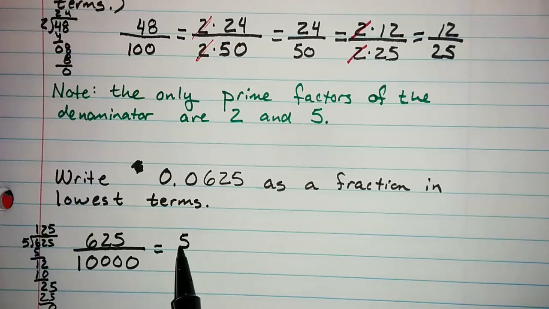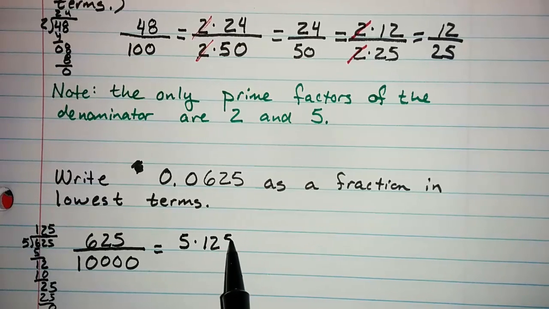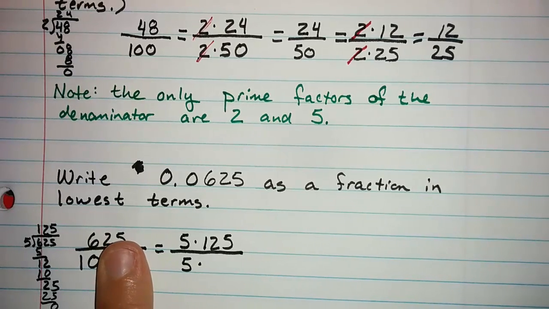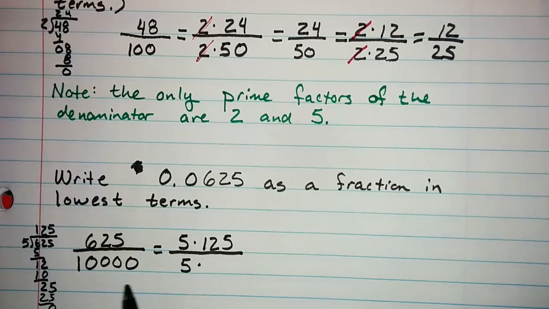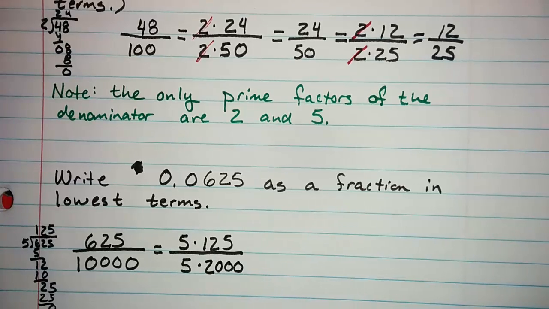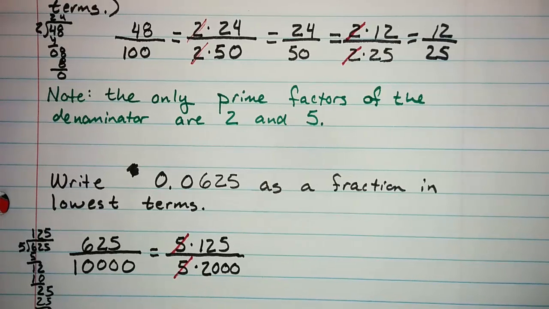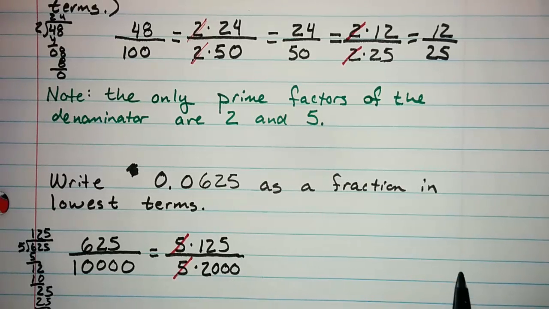So we'll get 5 times 125 over 5 times, well, 10 is 2 times 5. So 10,000 must be 2,000 times 5. You may write out this long division if you're so inclined. Cancel the common 5 again. I see that this is still a multiple of 5, as is this.